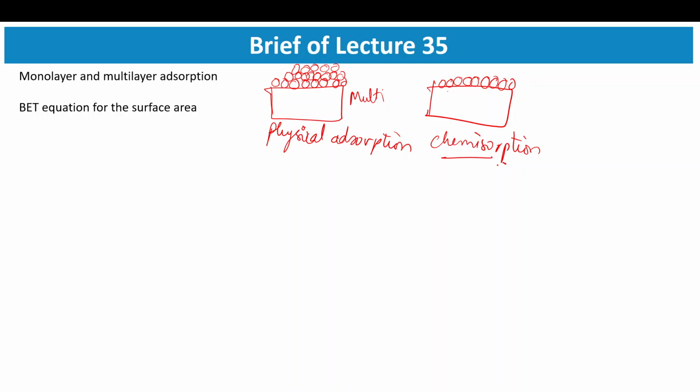As we mentioned at the start of the class, surface area is an important criterion for deciding the efficiency of the process. The more the surface area, the better it will perform, be it physical or chemical adsorption, because you are exposing more area.